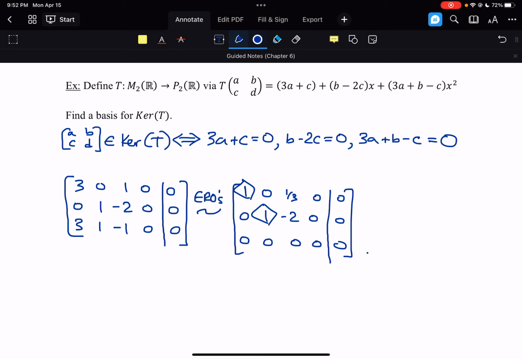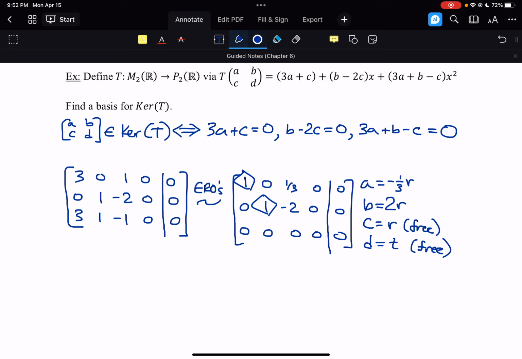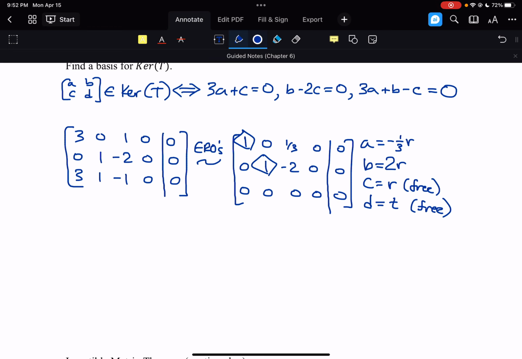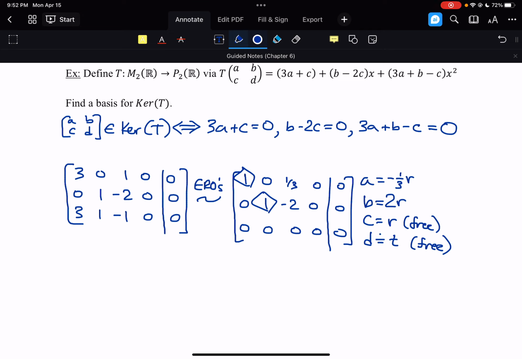So in this case, we have two free variables. D will be T, which is free. C will be R, which is also free. B minus 2R is 0, so B is 2R. And A plus 1/3 R is 0, so A is negative 1/3 R. So this tells us the general form of the kernel, right?